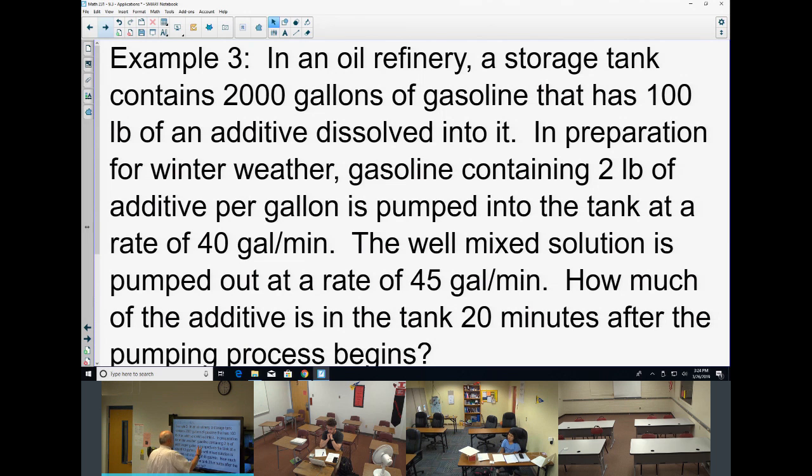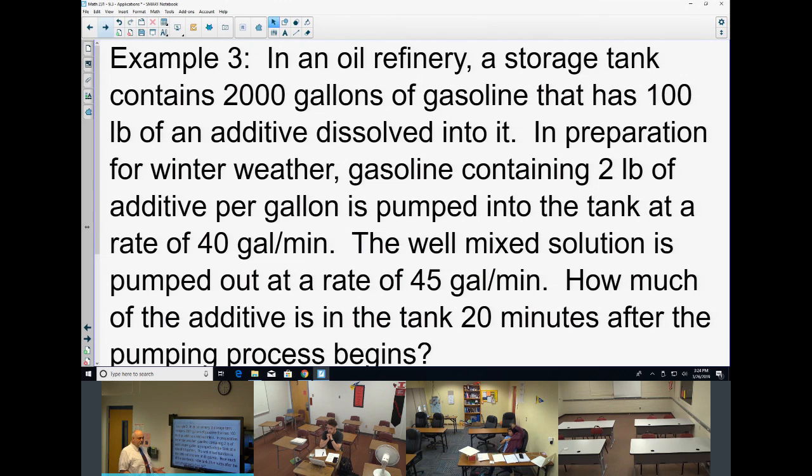In preparation for winter weather, gasoline containing 2 pounds of the additive per gallon is pumped into the tank at a rate of 40 gallons per minute. The well-mixed solution is pumped out at a rate of 45 gallons per minute. How much of the additive is in the tank 20 minutes after the pumping process begins?